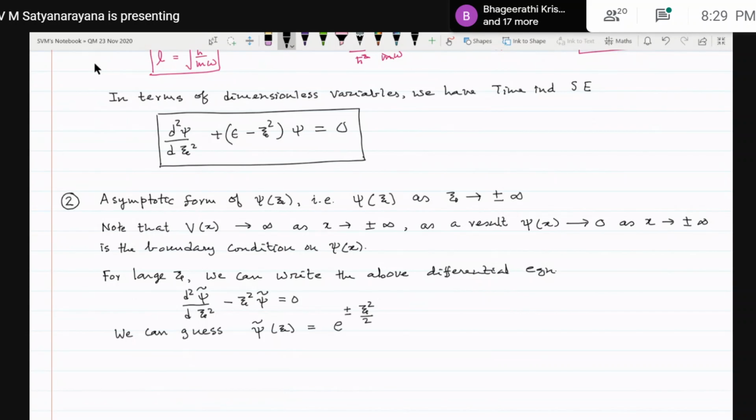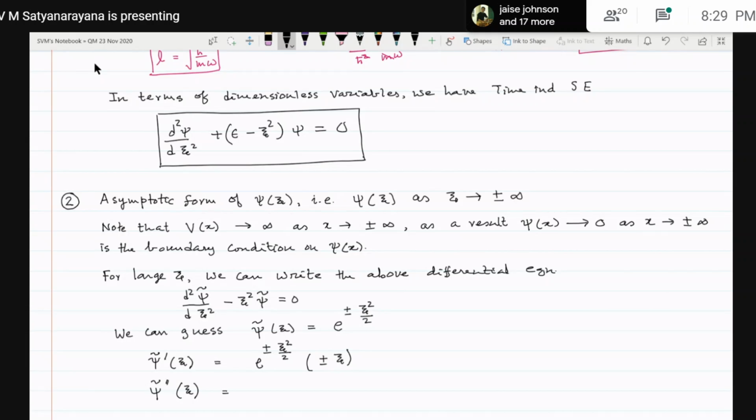So let us look at what happens to psi tilde prime of xi. That is equal to e to the power plus minus xi square by 2, and you have plus minus xi. Right? So that is what will be your 2 xi, but there is a 2 in the denominator, so that will be it.